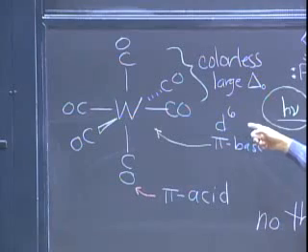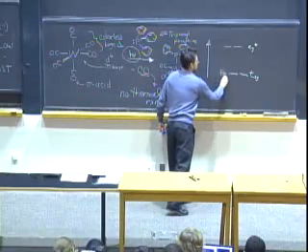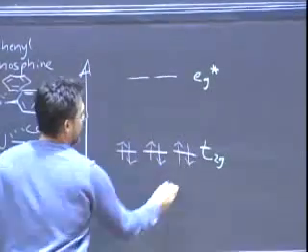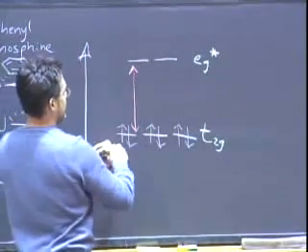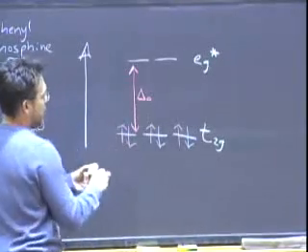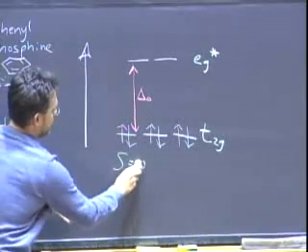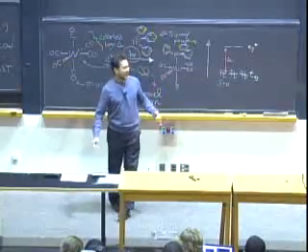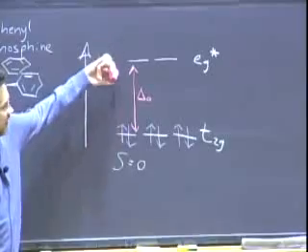This is a common electron count for octahedral systems that are quite stable. And CO is high in the spectrochemical series, so it leads to a large value of delta O. The splitting here between t2g and eg is large. And that means that we have an S equals 0 state with the system not being paramagnetic, all the electrons paired up in t2g, and this big gap.